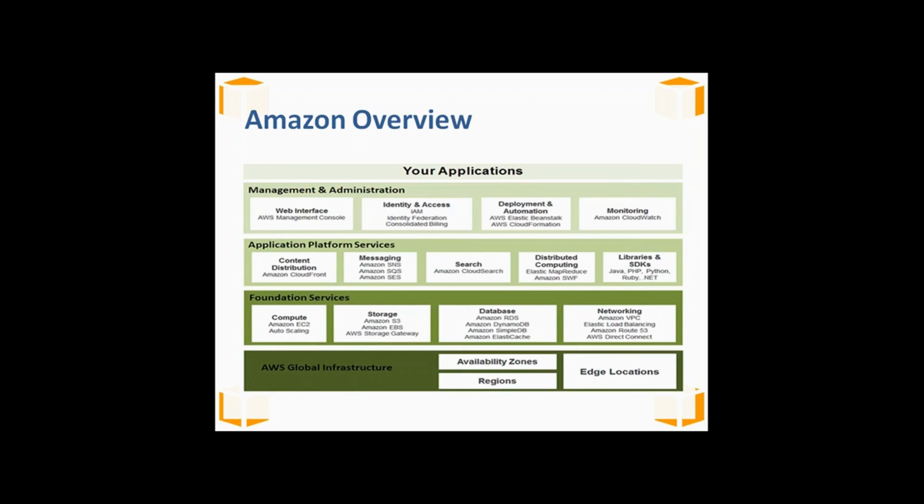Then load balancing distributes the traffic across your EC2 instances or servers, and it can also be used for fault tolerance. And the last one is Amazon Route 53.